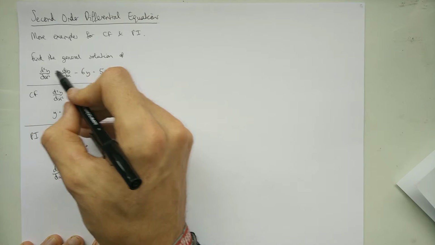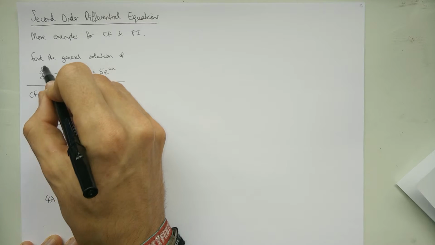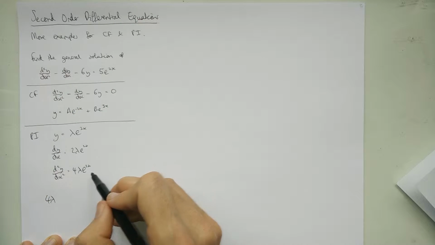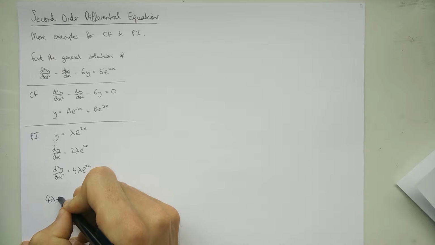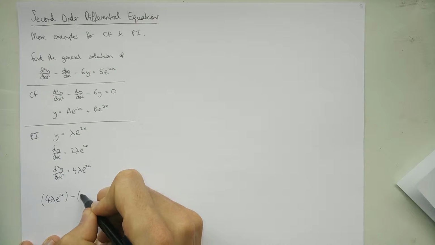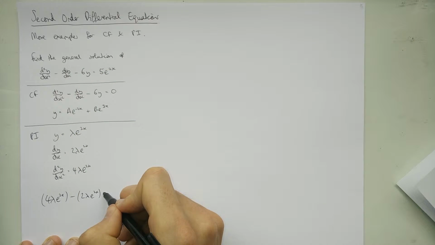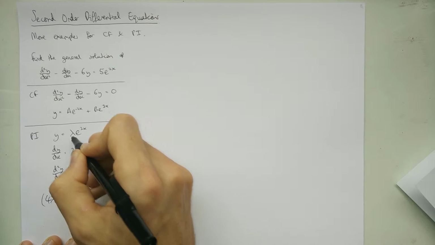So we now plug these things back into here. So d2y dx squared is 4 lambda e to the 2x. Then we're taking away dy dx. Then we're taking away 6 lots of y.